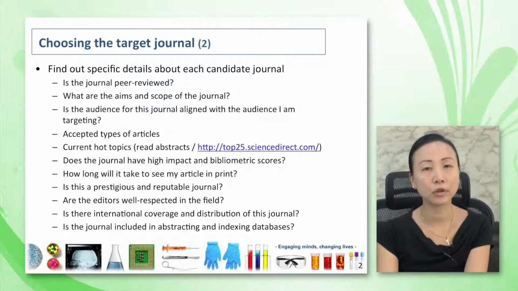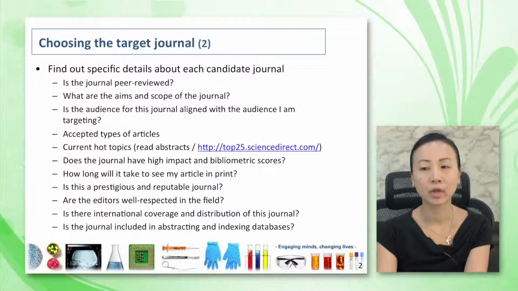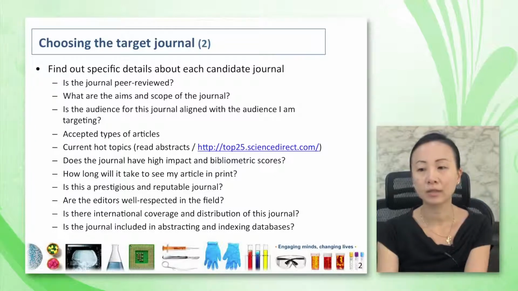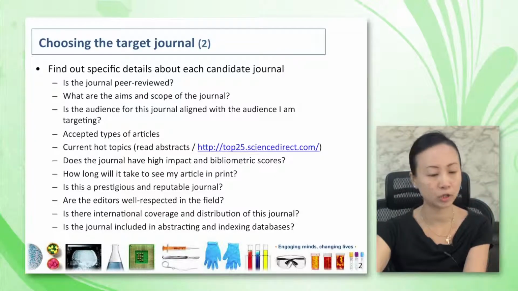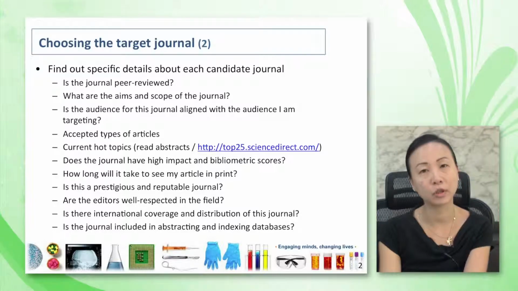Also, see if the journal has high impact and bibliometric scores. And how long will it take to see my article in print if it is accepted? Is this a prestigious and reputable journal, and are the editors well respected in the field? Is there international coverage and distribution of this journal?